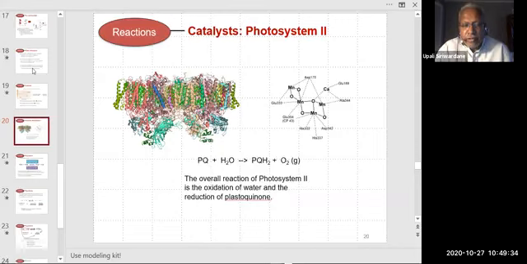This is the water splitting step in photosynthesis. Reduced plastoquinone combines with carbon dioxide to produce carbohydrates. So this is an important use of biological catalysts to do reactions at the cellular level.